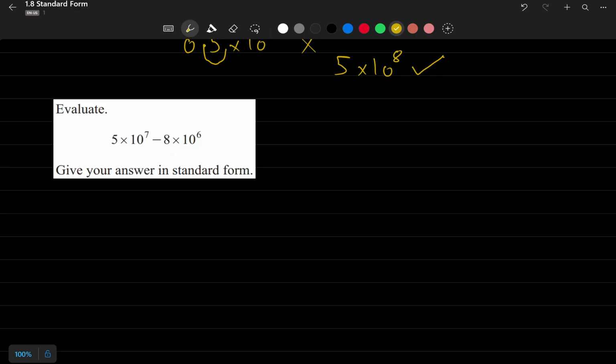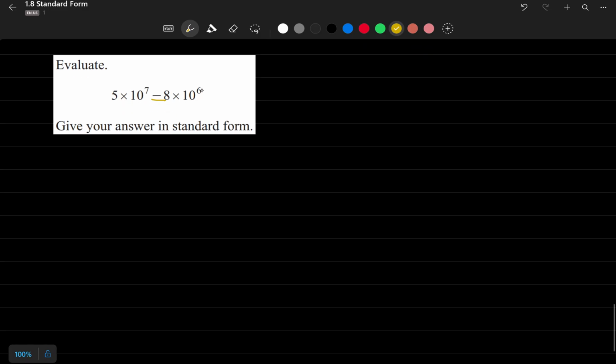Now another question has minus, so we just change the lower power to match the higher power. 5 into 10 raised to power 7 stays as it is, minus. Okay, now we have 8 and we need to make the 6 power to 7.